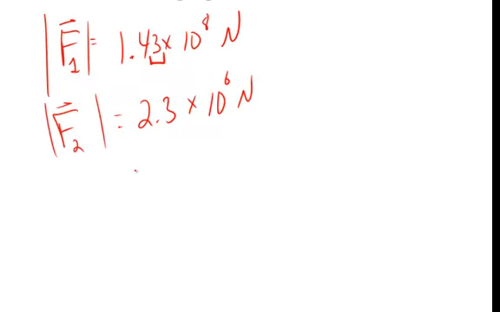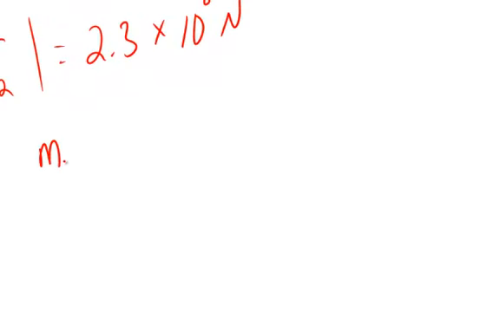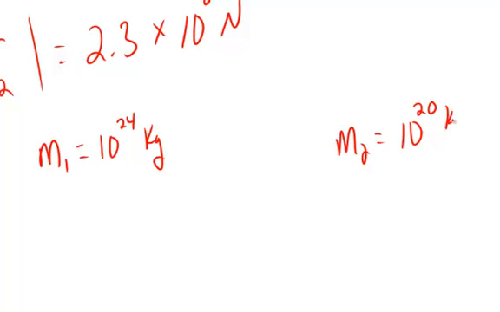So let's say we're dealing with two gravitational forces. One where the mass of one guy is, say, 10 to the 24 kilograms. And in the second case, the mass is, we'll say, 10 to the 20 kilograms.